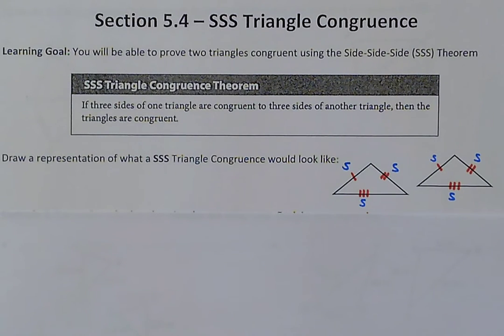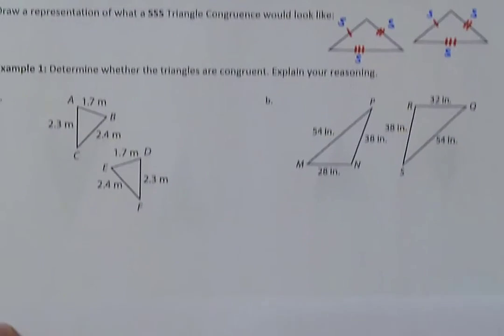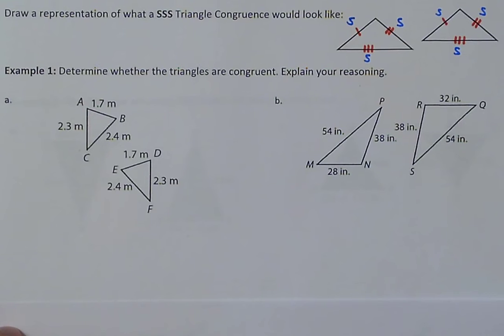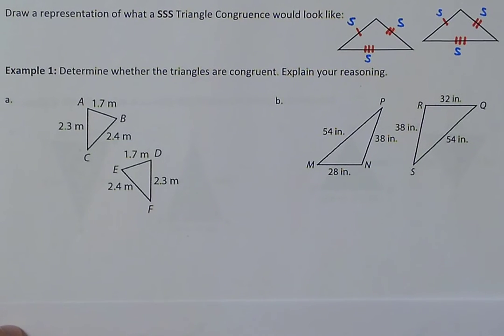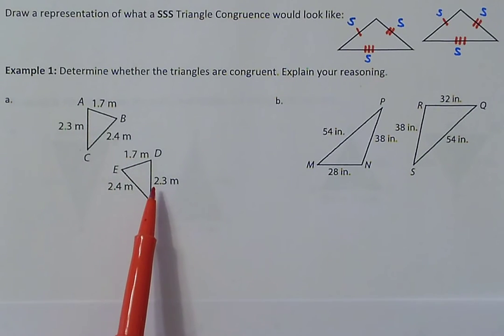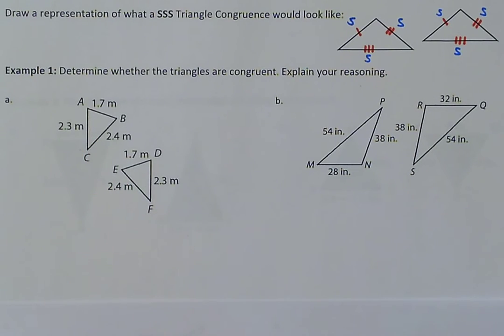Let's go ahead and jump into our first example for today, which is going to ask us, like our other examples from the previous sections, to determine if these two triangles are congruent based off side-side-side. So if we look at example 1, part A, we have triangle ABC and triangle DEF. We have to determine if these two triangles are congruent.